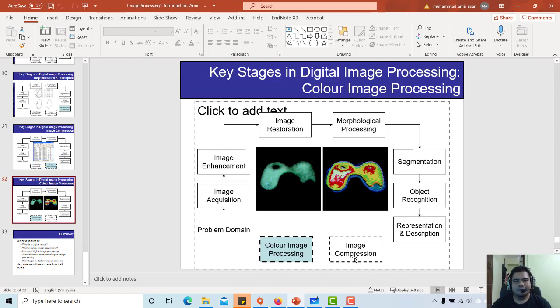If you check your digital camera, when you capture an image, the image is saved in JPEG format, and JPEG is what we call a lossy compression format, meaning that it's not the actual size.